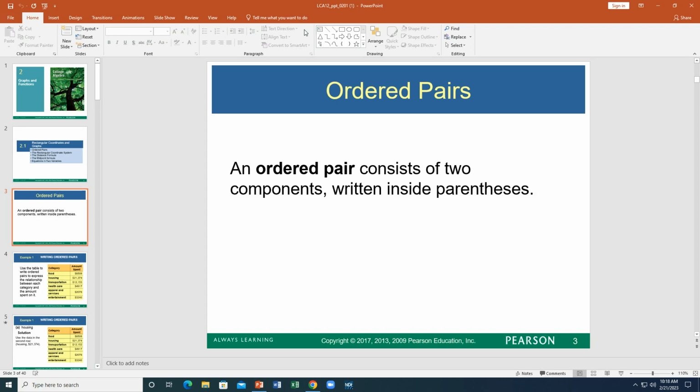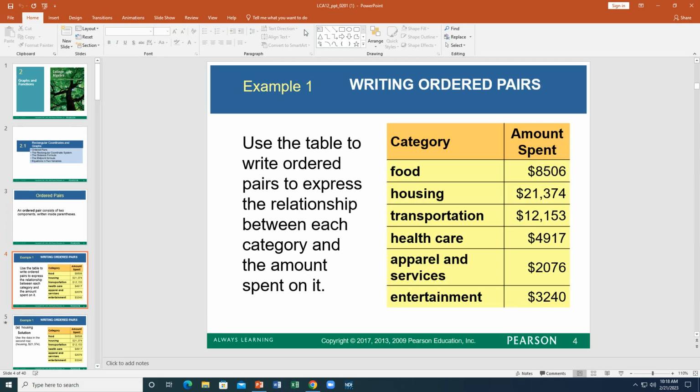But here, an ordered pair means you have 2 components written inside parentheses, like 1 comma 2, 2 comma 4, a comma b. When you write them inside parentheses, that will be the ordered pair. Do you see that?